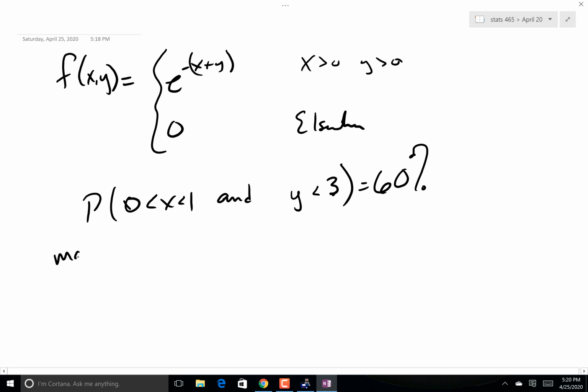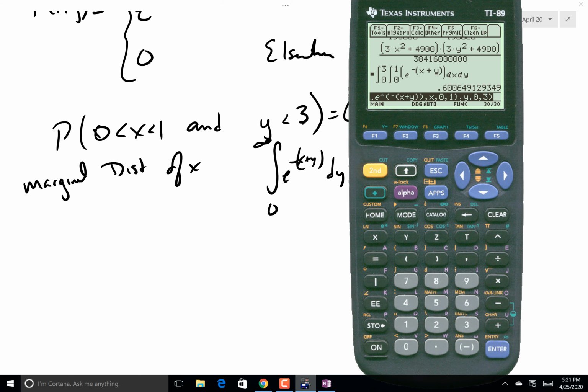Now here's a question. Can you find the marginal distribution of x? Well, here it is. It's the integral of e to the negative (x plus y) dy from 0 to infinity. And let's see what that comes out to be here.